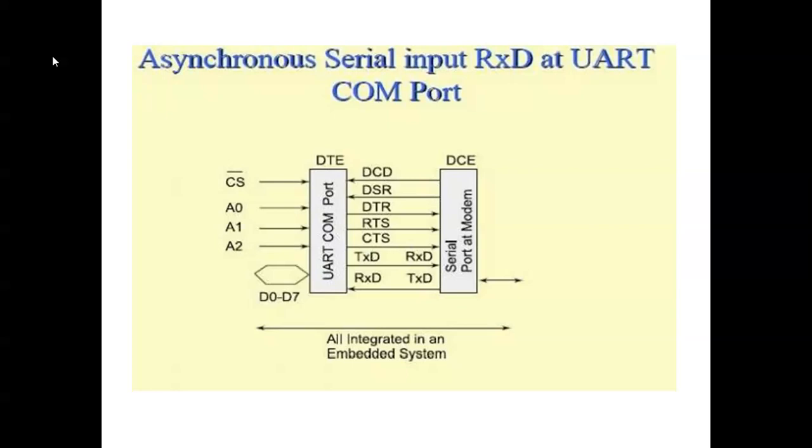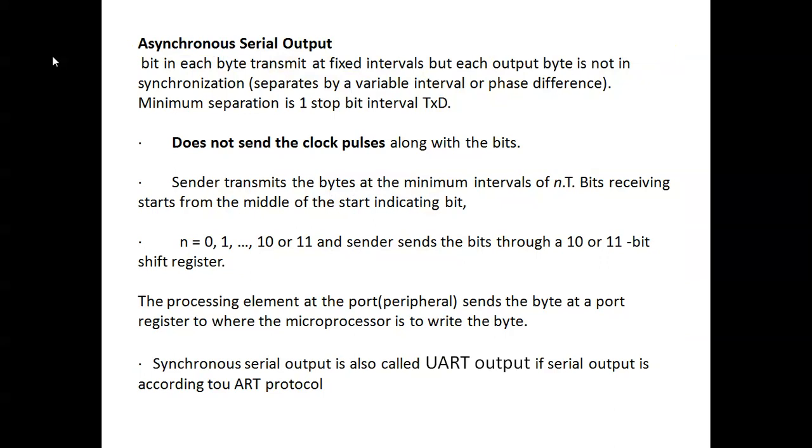See, we have chip select. Chip select is used because there is a master and a slave. When it is in slave mode, it enables read and write operation. When it is in master mode, it disables read and write operation. That is chip select. So here we have the UART COM port, and there is no clock here.